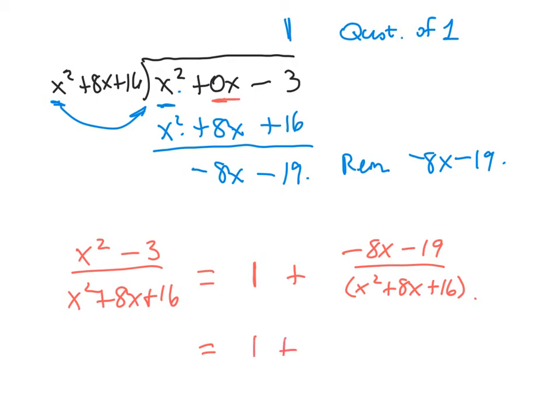And then I'm going to rewrite that as 1 plus negative 8x minus 19 over x plus 4 squared.